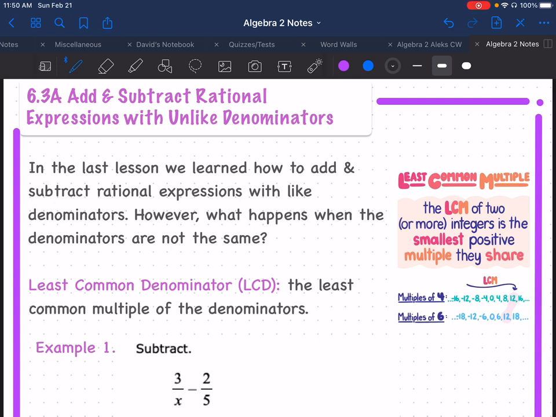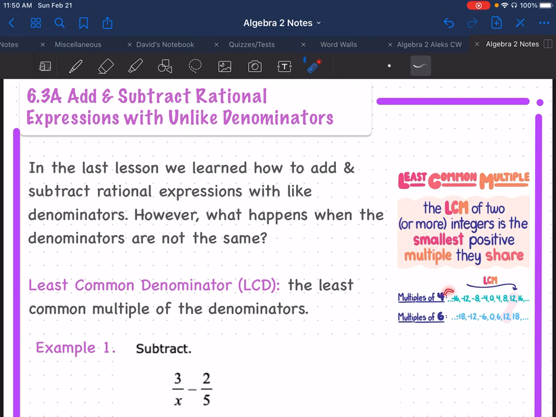If you take a look at our quick little poster over here, that's just a reminder of how to find the least common multiple, or the LCM. The least common multiple of two or more integers is the smallest positive multiple that they share. So take a look at our examples here. The multiples of 4 are negative 16, negative 12, negative 8, negative 4, 0, 4, 8, 12, 16, and so on.